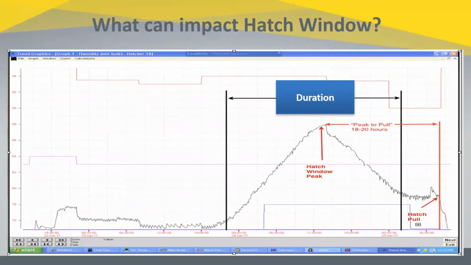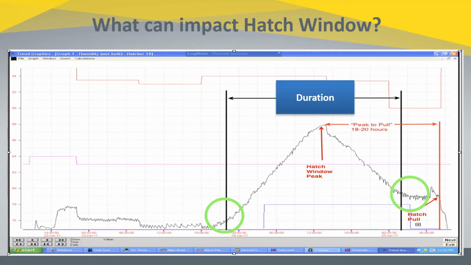So to begin with, when we refer back to this drawing, when I look at duration, I'm really trying to identify here, when did my pipping begin? And then when did I essentially near the end of the dry down period, or when chick readiness is completed during that point. So here's my duration.